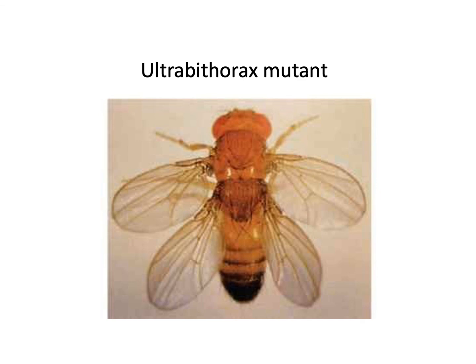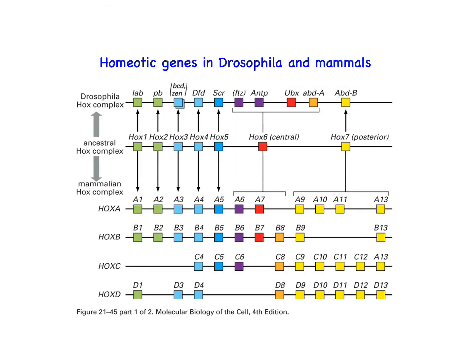So it basically has two second, or T2, thoracic segments instead of one. Both this fly and the Antennapedia flies are viable in the lab. In other words, you can mate them and propagate them, but I don't think they would last very long in the wild.